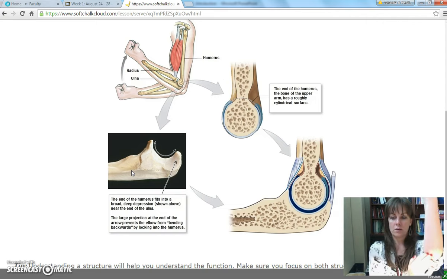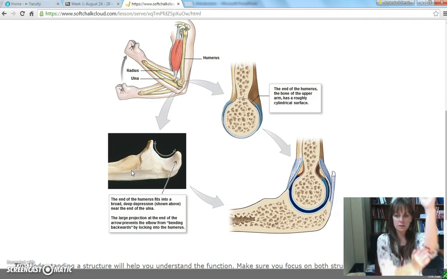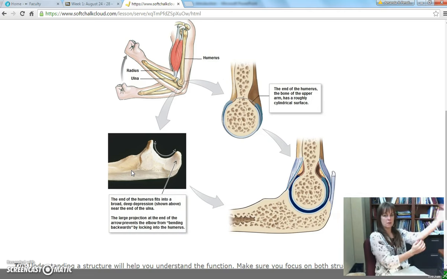Whenever I go to bend my arm, I can bend it forward this way, but unless something's really wrong, I'm not going to be able to bend it back that way. So that's the function of it: how these two bones move relative to one another.